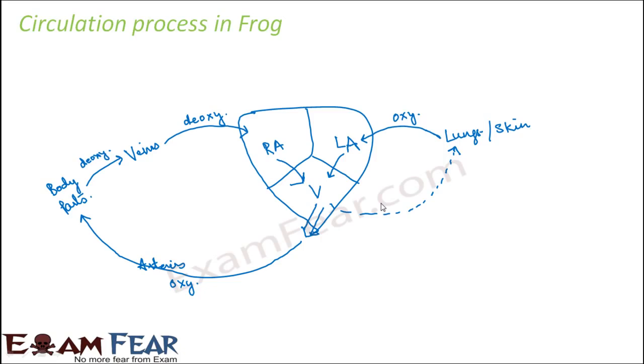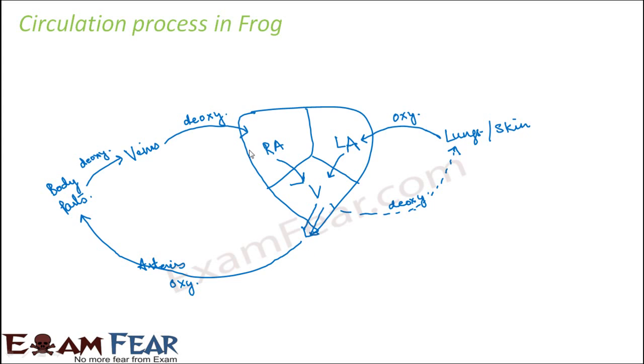So the deoxygenated blood is sent to the lungs so that during the process of exhalation, they can send that out. So it will take in oxygen and it will throw out carbon dioxide. So that will be done by the lungs.